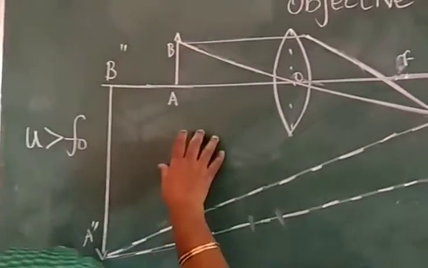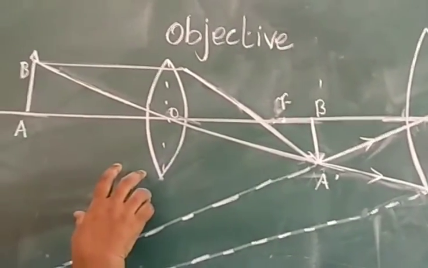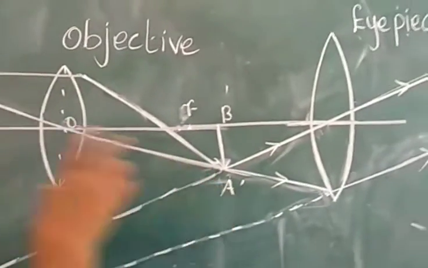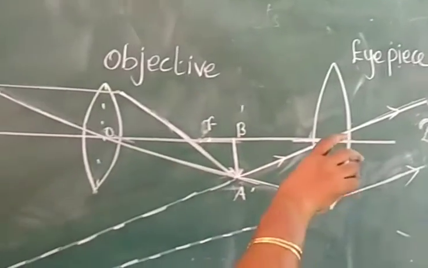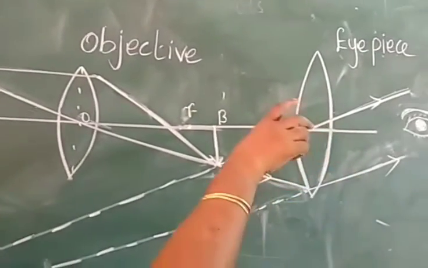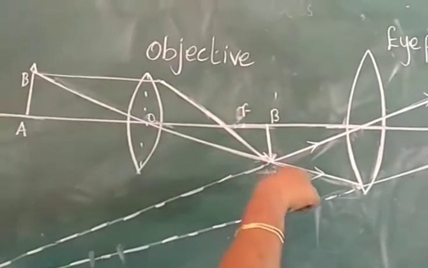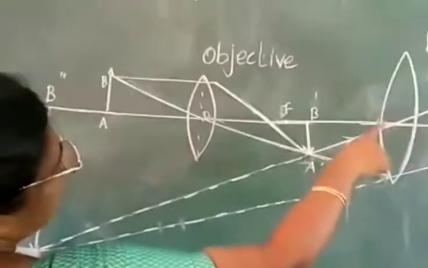Once again I give the review, all of you listen carefully. This is a very important 5 mark question. Here we use two lenses. One is near the object, it is called the objective. Another one is placed near the eye, it is called the eyepiece. AB is the object. So we get an inverted image A dash B dash. This image acts as an object for the eyepiece.